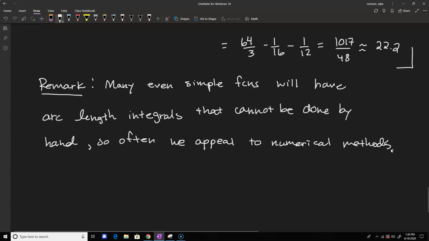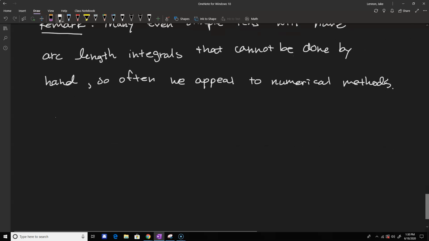Let's just look at a simple example. Actually, as of right now, we wouldn't be able to do this one. So, for example, if we looked at the arc length of y equals x squared from, say, 0 to 2.